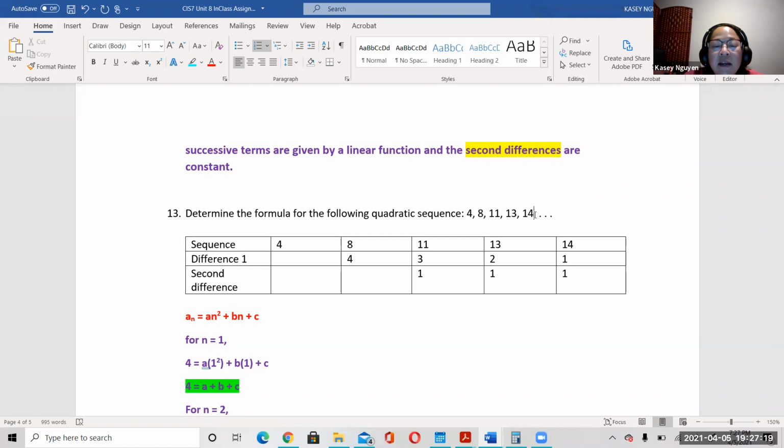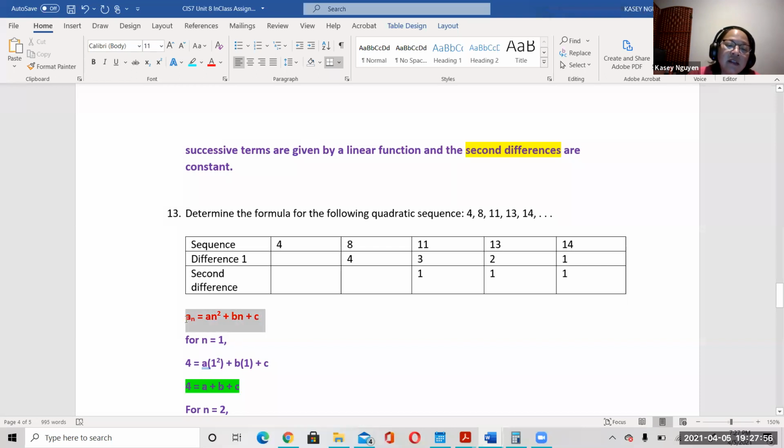Then what you would do is, if you wanted to look at the level of difference, right, when you subtract 8 with 4, you get a 4, 11 with 8, you get a 3. So you see a decrement in the difference level 1, and then you take those, you would then find a second level difference by subtracting. You have a distance of 1 in all the successive difference values.